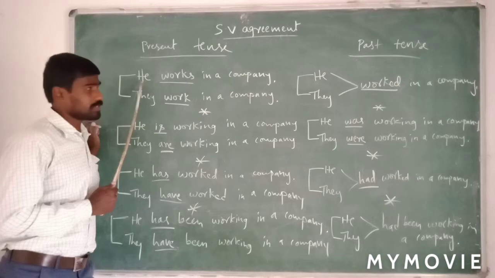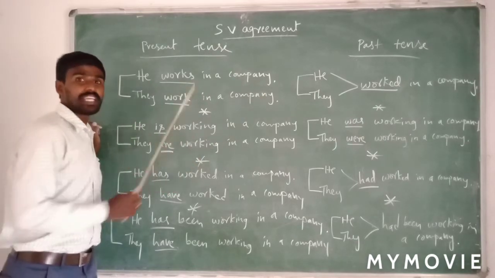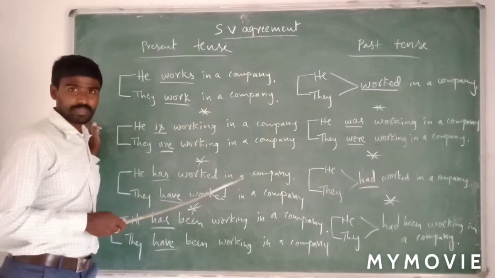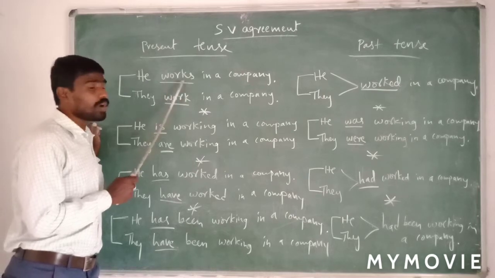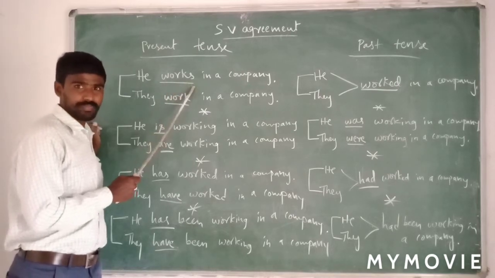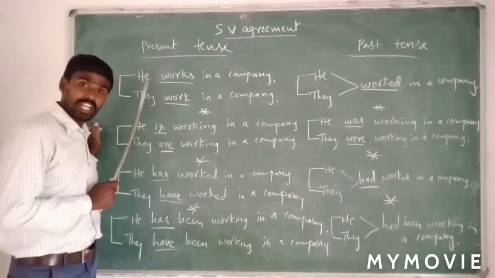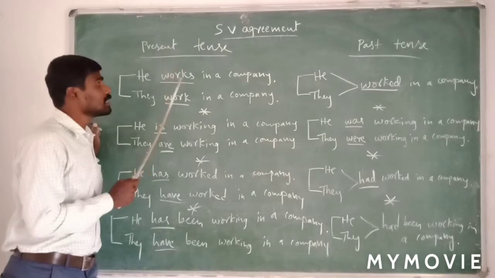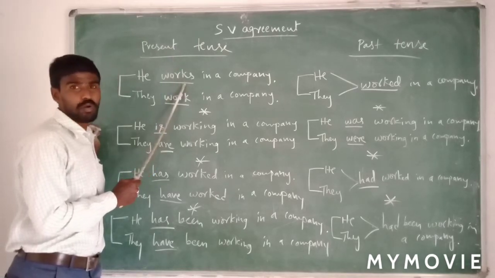The first sentence is in simple present tense: He works in a company. In this sentence you may notice that the verb takes the s form. Whenever the subject is singular in simple present tense, the verb also takes the singular form.